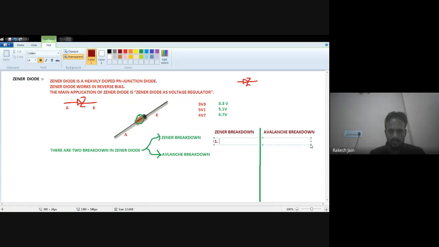In the start, Zener breakdown is also known as field ionization, and Avalanche breakdown is also known as impact ionization.